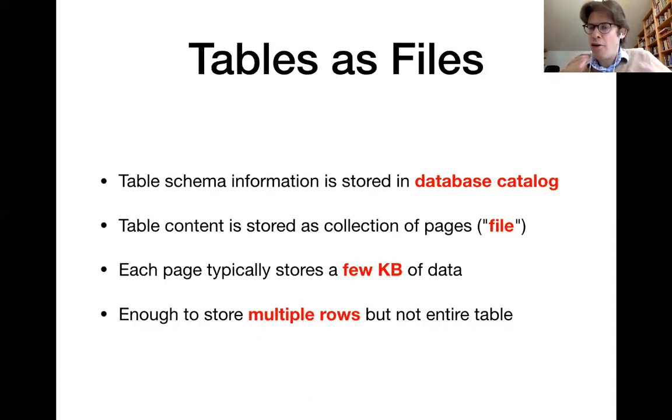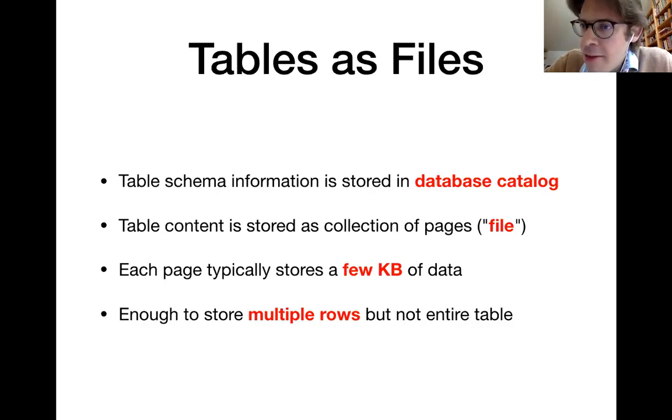And one of those pages typically fits a few kilobytes of data. So one page essentially corresponds to a chunk of data stored at one specific location on your storage device. And the size of those pages is chosen in order to maximize retrieval efficiency from the corresponding storage device.